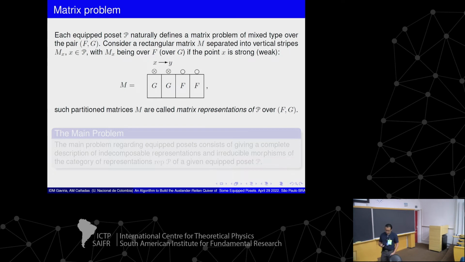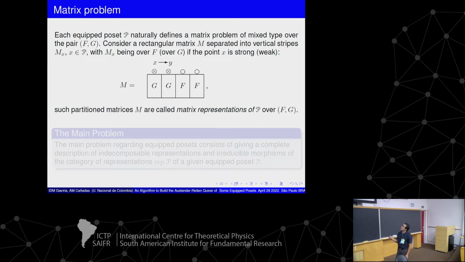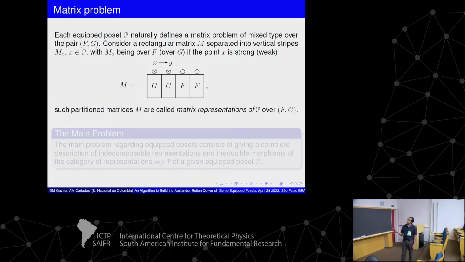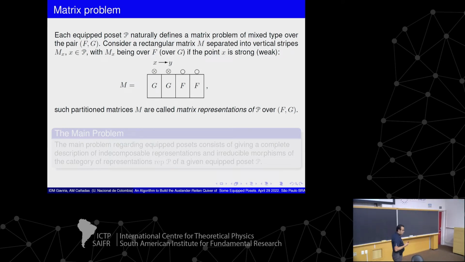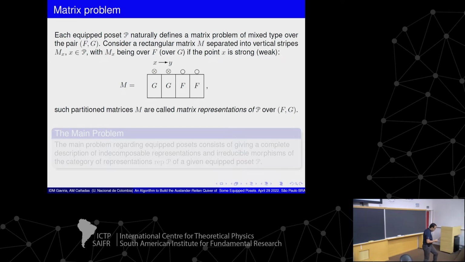This is the matrix that we have here, which is divided in vertical stripes. Here, the entries are over the field G if the point is a weak point, and the entries are over the field F if the point is a strong point. If you have a relation between the points, you can do a linear transformation of the columns in this stripe to the columns in this stripe. Then you have the matrix and an admissible transformation, and this is the matrix problem associated to the equiposet.